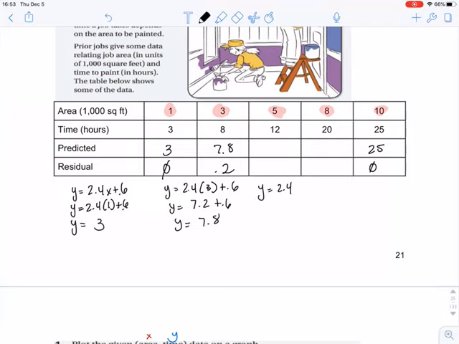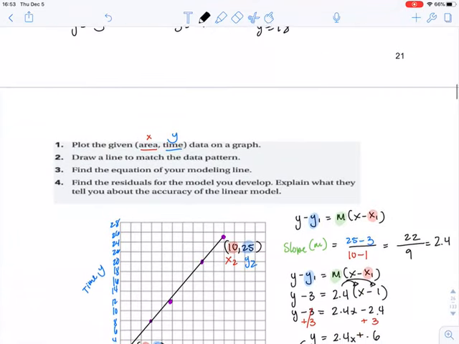Again, times 5 this time, plus 0.6. 5 times 2.4 is 12, y equals 12 plus 6, y equals 18, a difference of -6.